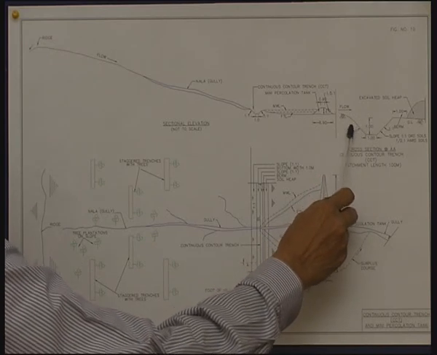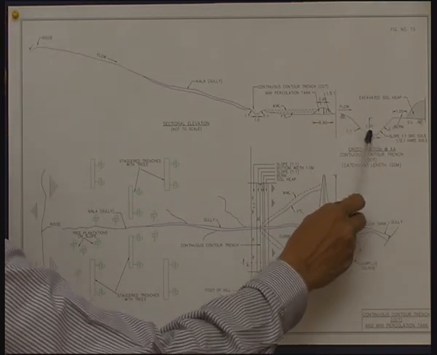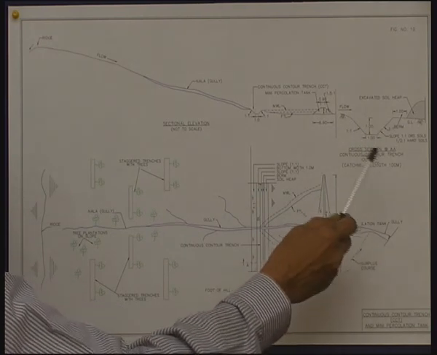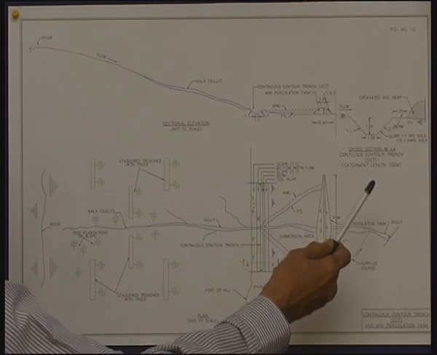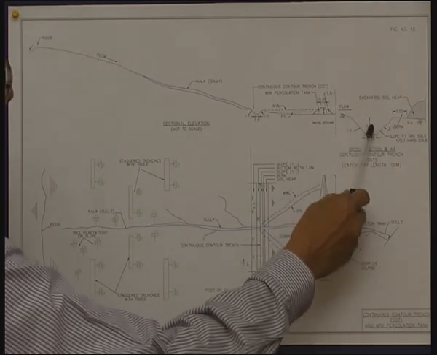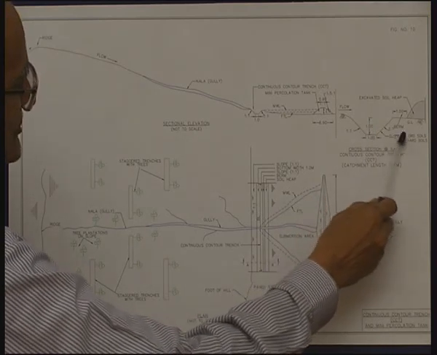The idea is that this would get filled with water during the times of rains, and it will get filled up a number of times during the rainy period, and it will get percolated, and it will also have seepage.